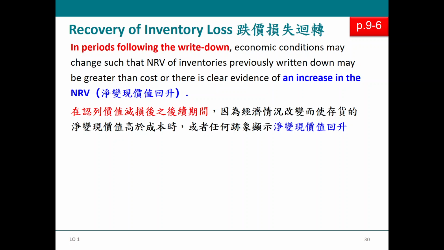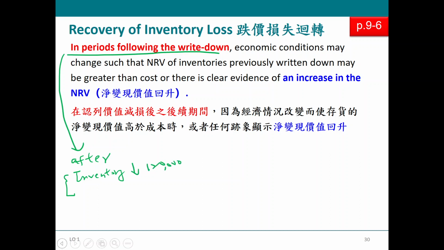In periods following the write-off, so after today, you told them inventory decreased $12,000, and you have a loss of $12,000.